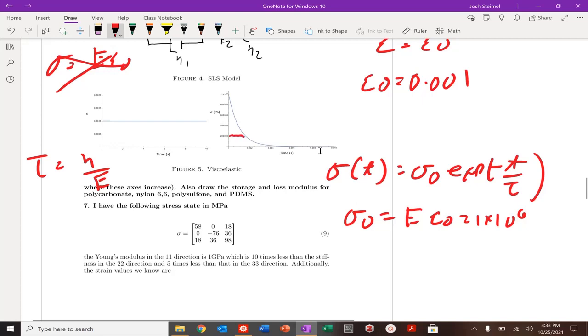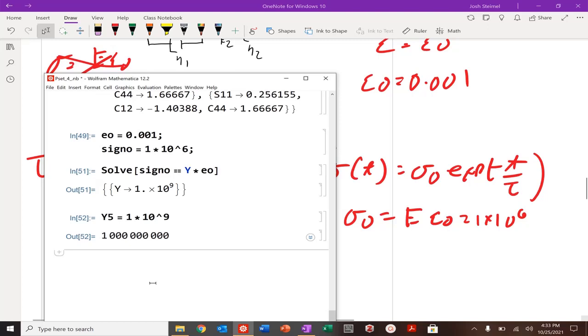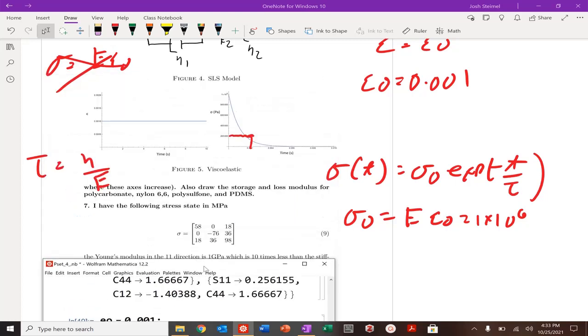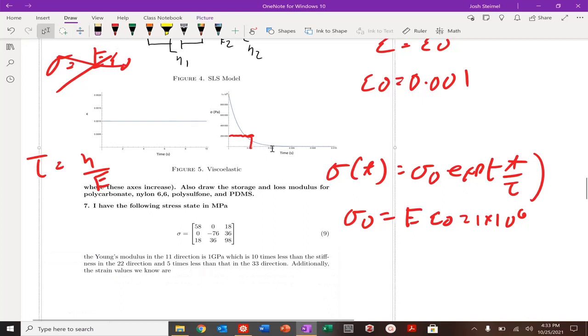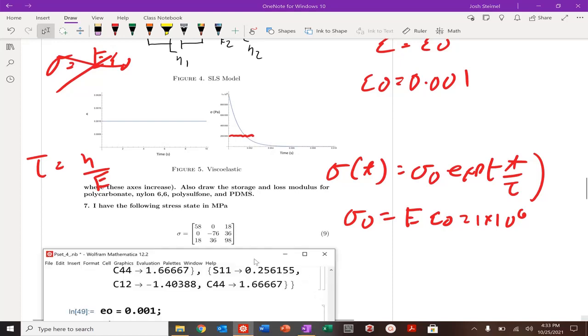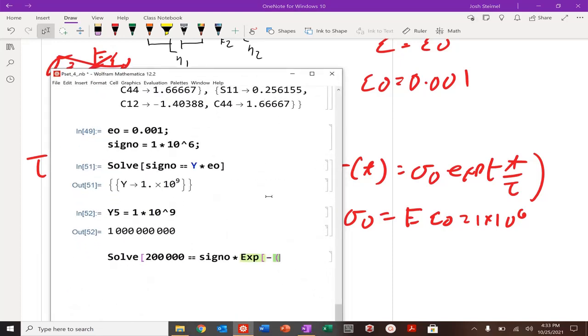This can be a crude approximation, but let's just say that I read a value of my stress of 200, equals my sigma naught times exponential of minus time, which is 0.002 seconds, divided by my tau.